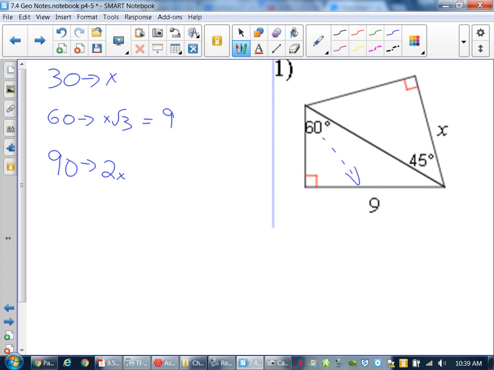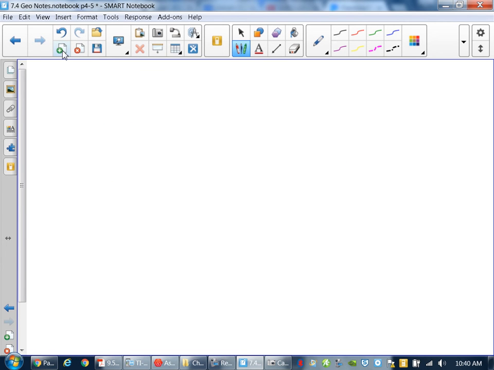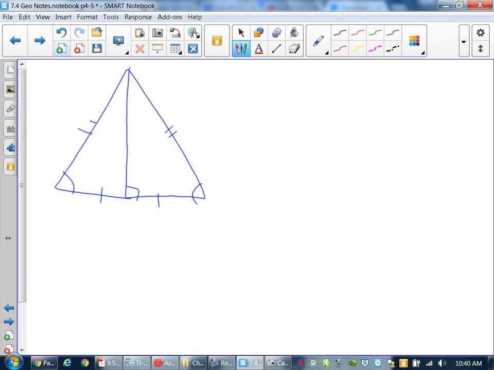When you go back to how these are developed, the 30, 60, 90 triangle comes from an equilateral triangle, where that's your 60 and this becomes that. If this side has been bisected, it's always going to be half of whatever that side length is.